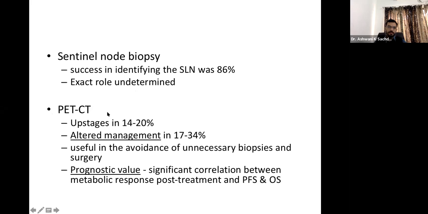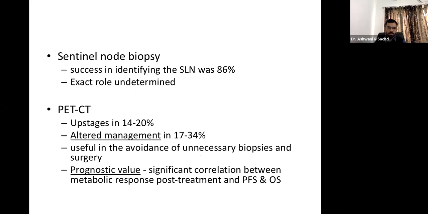So PET scan is an important investigation for anal canal carcinoma. It upstages the disease in about 14 to 20% and changes the management treatment course in about 17 to 34% of the patients. It is useful in avoidance of unnecessary biopsy.